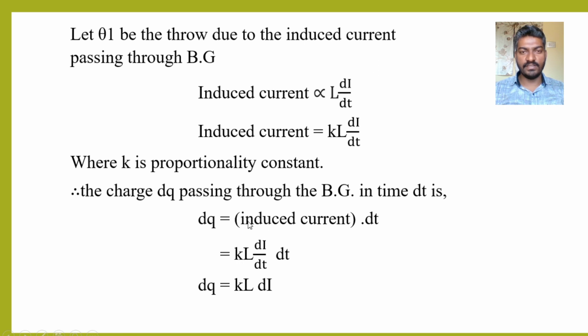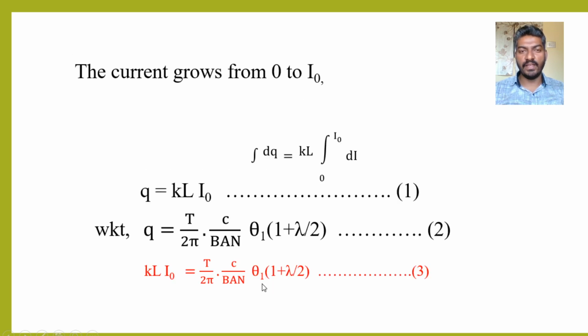Let us write this induced current here. So dq is equal to KL di by dt into dt. This dt will get cancelled. So dq is equal to KL di. The current rises from 0 to I0, or current grows from 0 to I0.